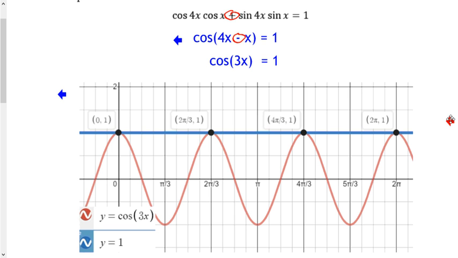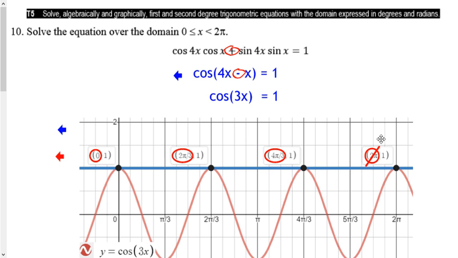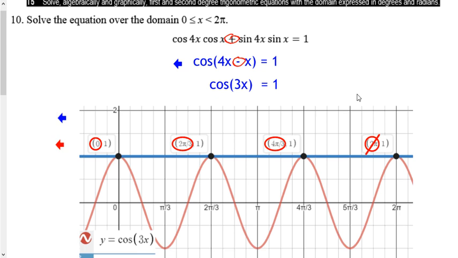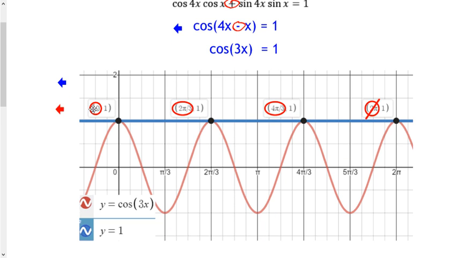But again, keep in mind the domain that we had means that we are going to reject the 2 pi because that's outside the domain. So x was less than but not equal to 2 pi. So we have these 3 solutions for this question.